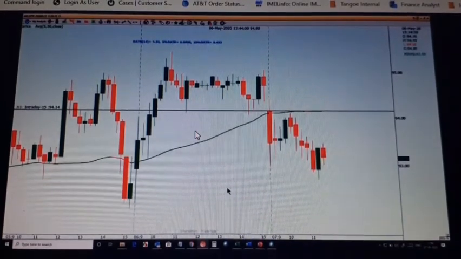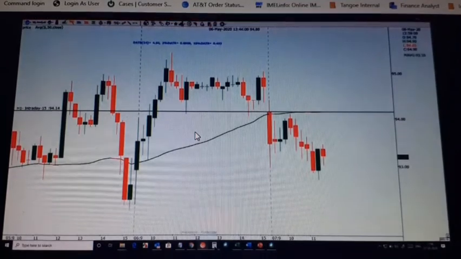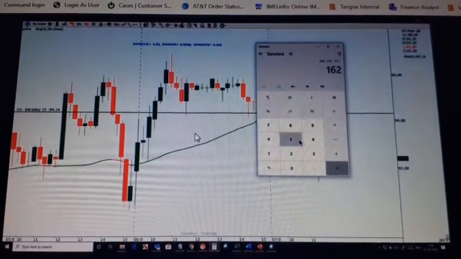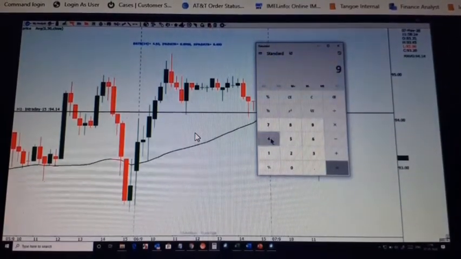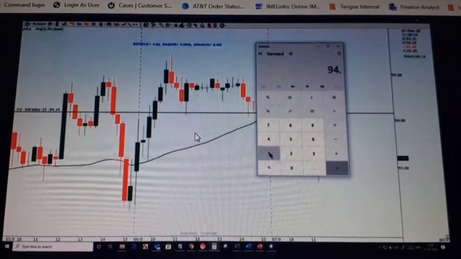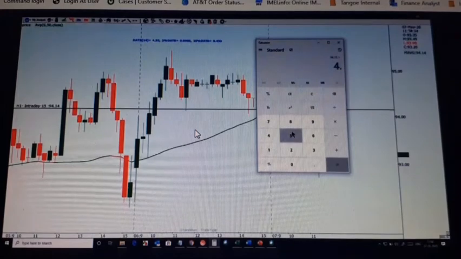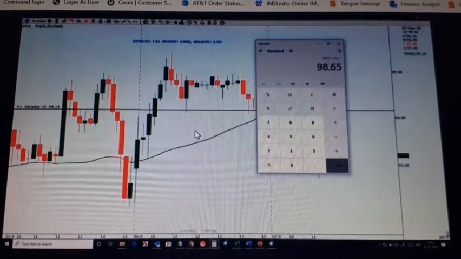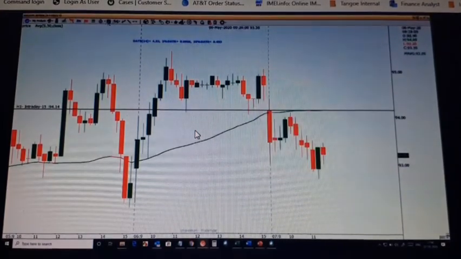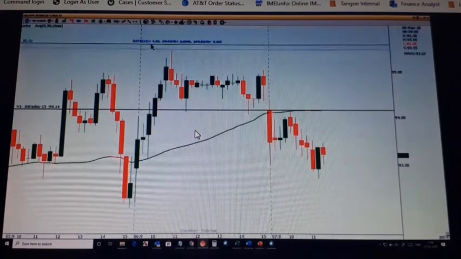So let us do this calculation. I'll add 94.15 plus 4.5, which is equal to 98.65.